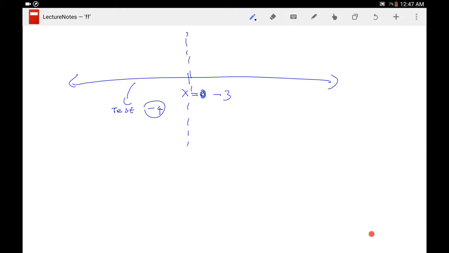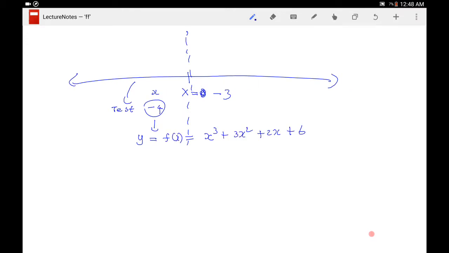I pick the smallest possible integer value so it's easier to plug in. For x equals -4, I have to check what the y is, so I have to go through the equation. What is the equation of the graph we are drawing? This is the equation.